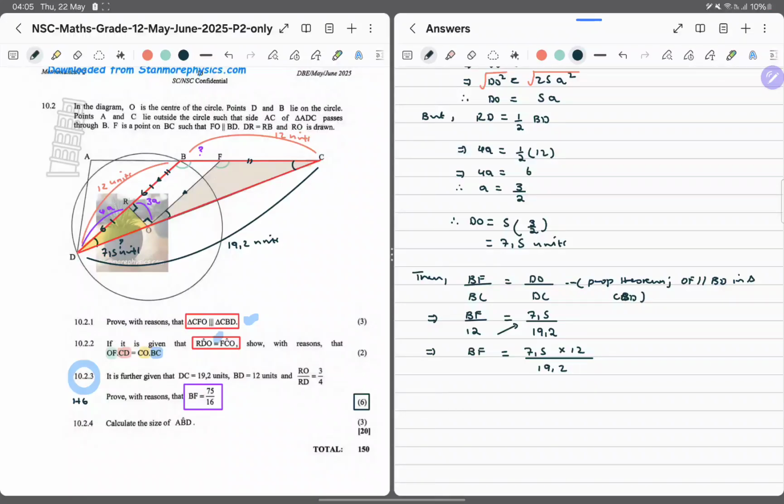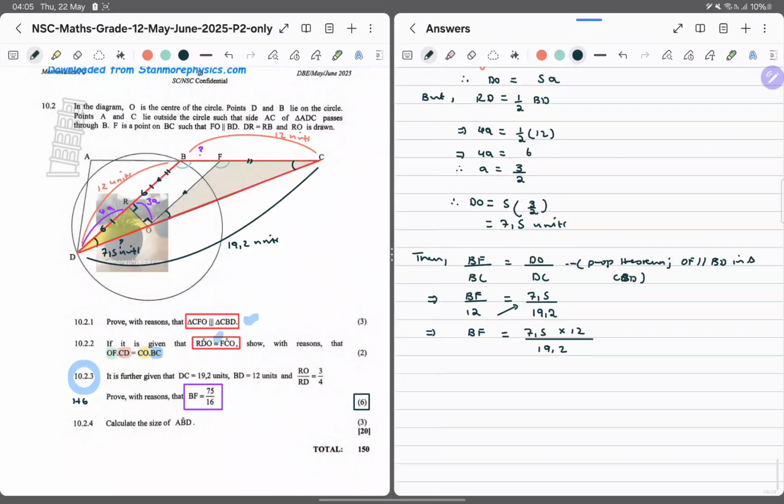All right, so a student who doesn't know maths may want to use a calculator. Unfortunately, where I am, I don't have it. So I'm going to do my old mathematical tricks. So this is equal to, the numerator 7,5 is as good as 75 over 10. You convert these into fractions. Then we multiply by 12, and then we divide this whole thing.